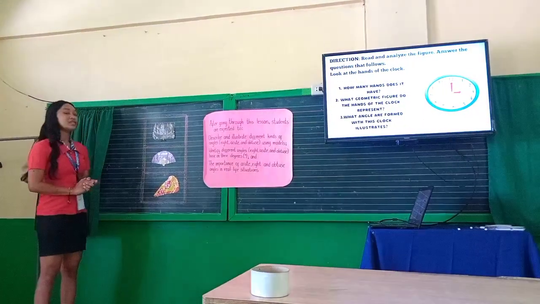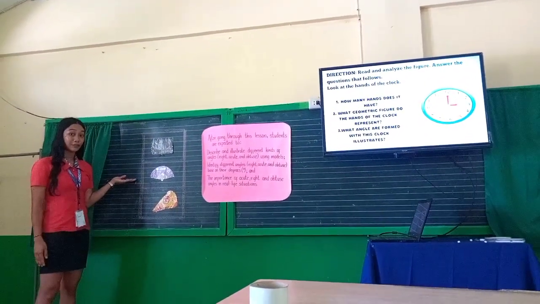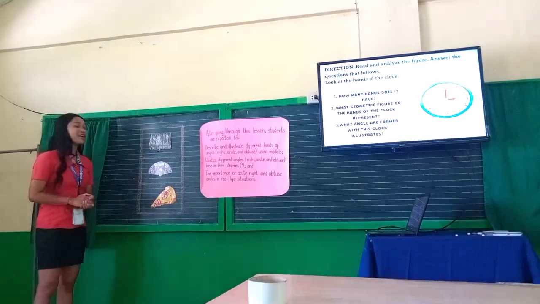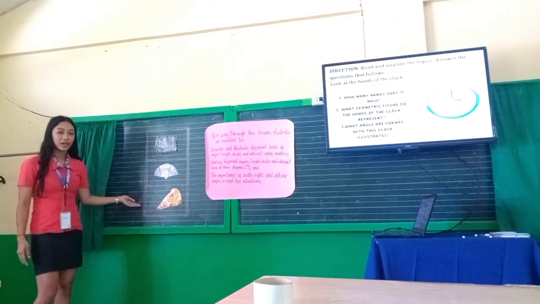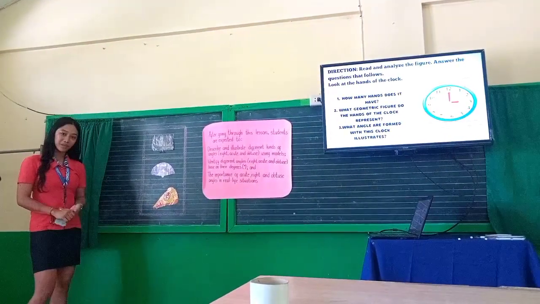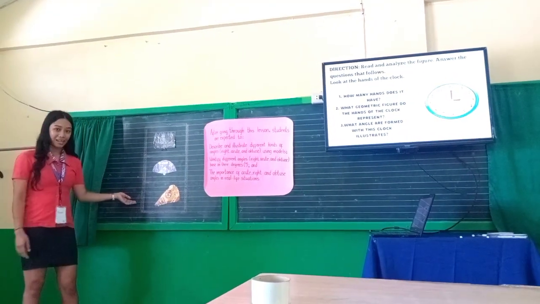Very good. It is right angle. Number 2. What do you think is the angle formed with this shape? Very good. It is obtuse angle. And for the last number, what do you think is the angle formed with this image? Alright, it is acute angle.